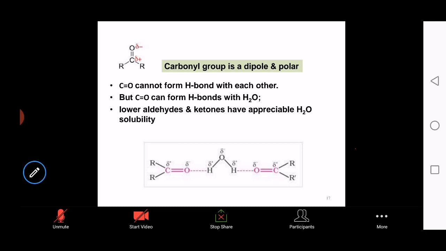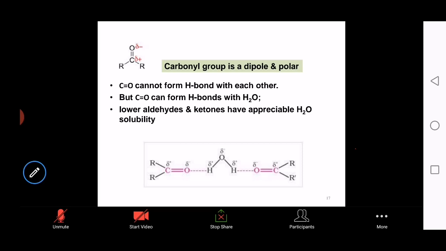Point first, C double bond O cannot form hydrogen bonds with each other, but can form hydrogen bonds with water molecules. So between themselves, aldehydes or ketones cannot form hydrogen bonds. To form a hydrogen bond, oxygen must be attached to an FON atom. Here the O in aldehyde or ketone is attached to carbon, not to F, O or N. FON.